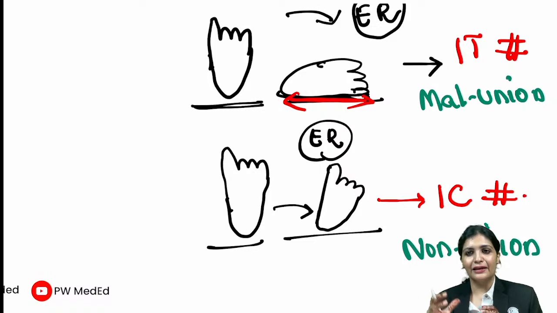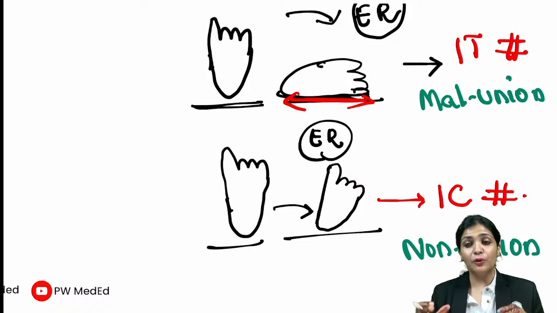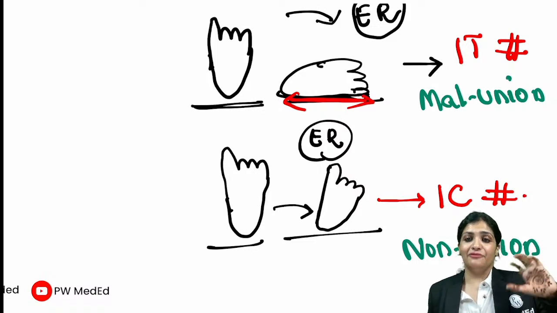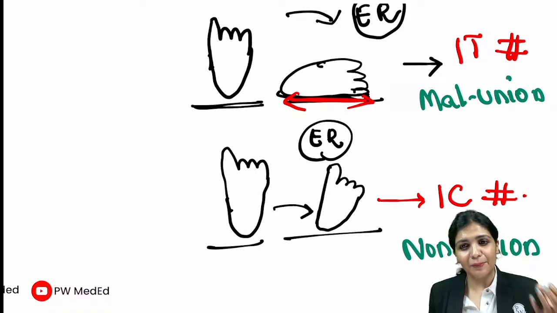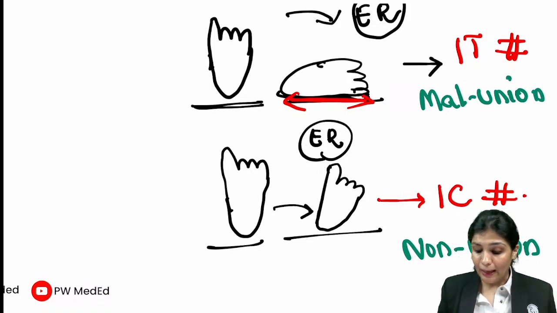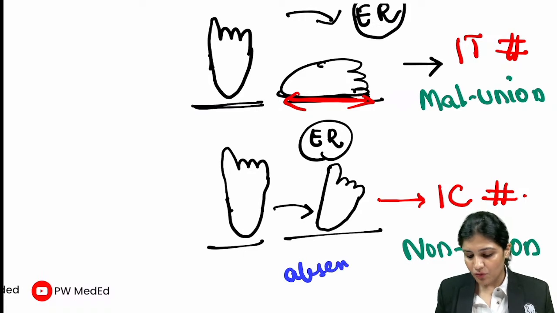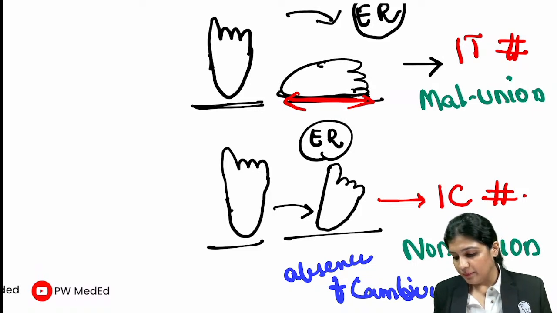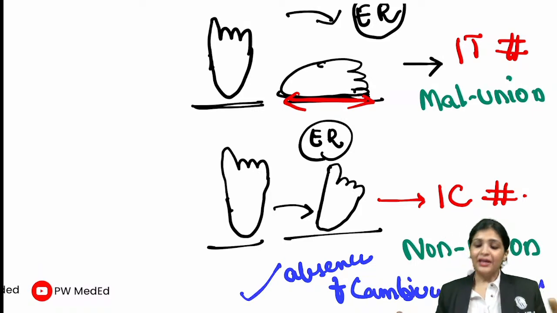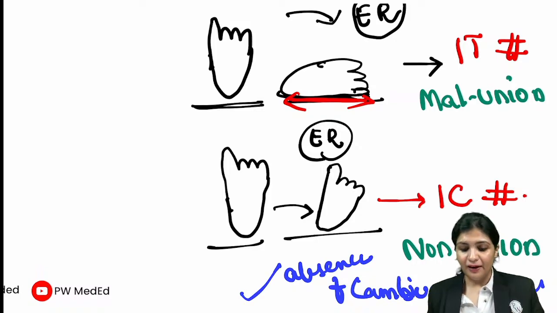Whenever there is an intra-articular fracture, the synovial fluid has some inhibitory effect on the enzymes which are produced. There are some enzymes which inhibit the union, so that is why it goes to non-union. And because of the absence of cambium layer, that also will result in non-union. But in case of IT, there is union, but it is malunited.